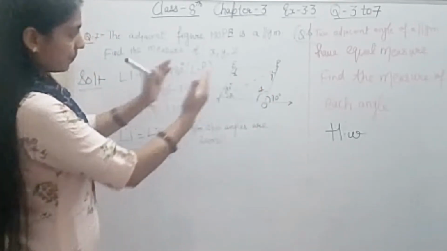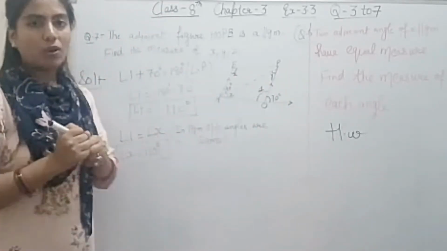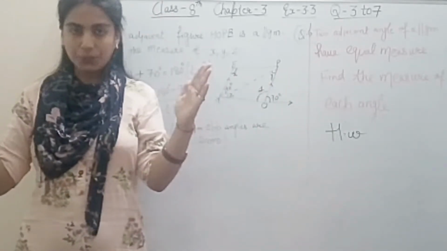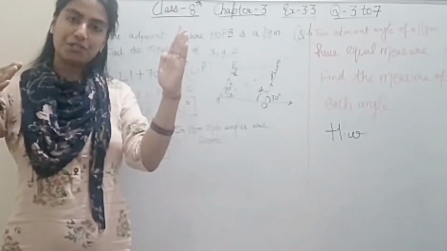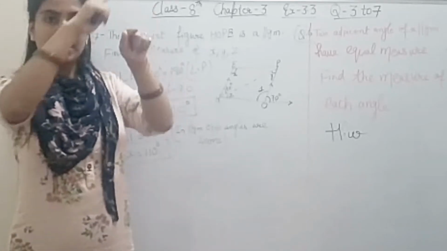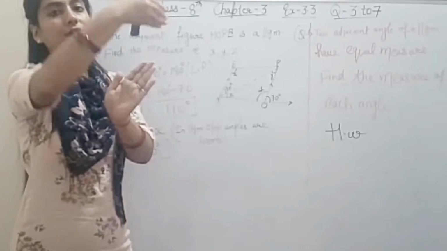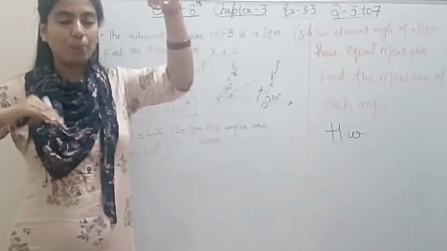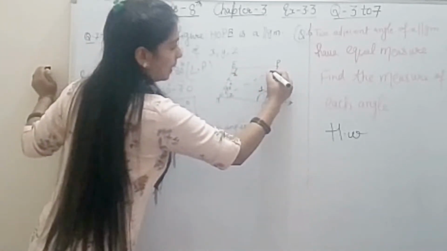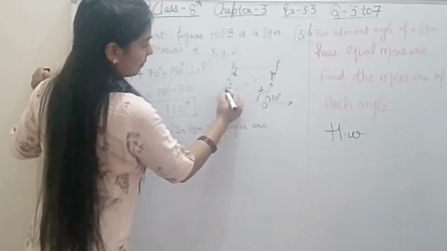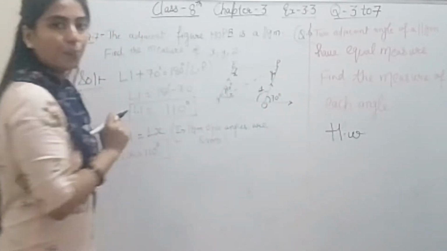See students, this is line HE and OP. You know in a parallelogram opposite sides are parallel and equal. If a transversal line crosses two parallel lines, as I told you, the angles are formed on the same line but on opposite faces, one left, one right, one up, one down, on opposite sides. So see this angle y and this angle 40 degree: one on the left side below, one on the right side above.